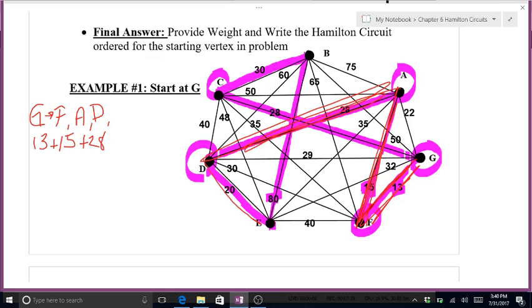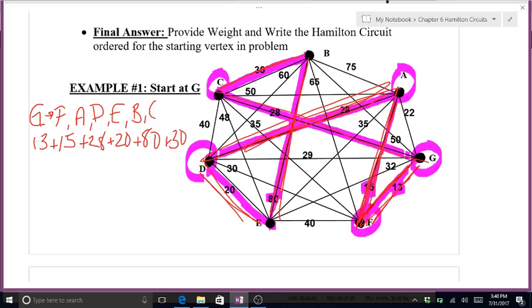D then goes to E with 20. E goes to B with 80. B goes to C with 30. I'm running out of room.